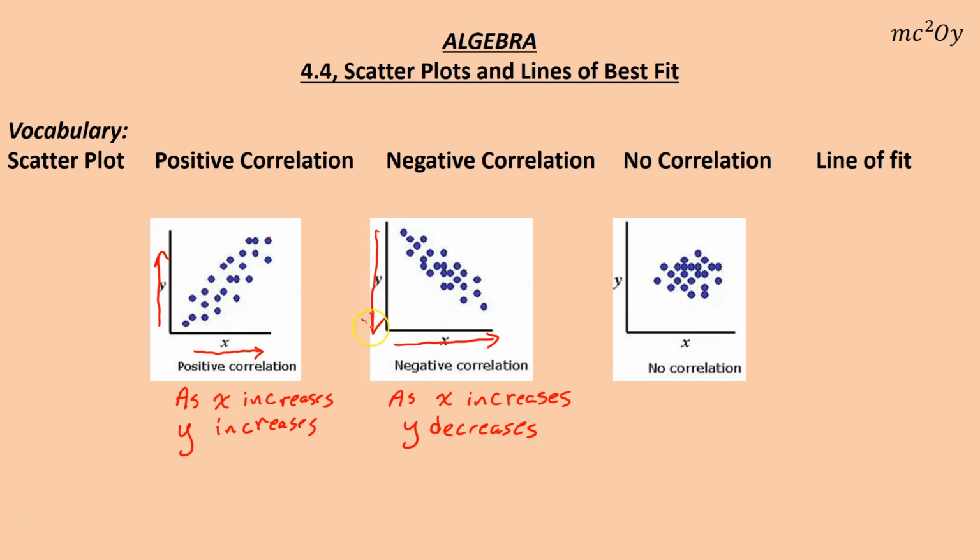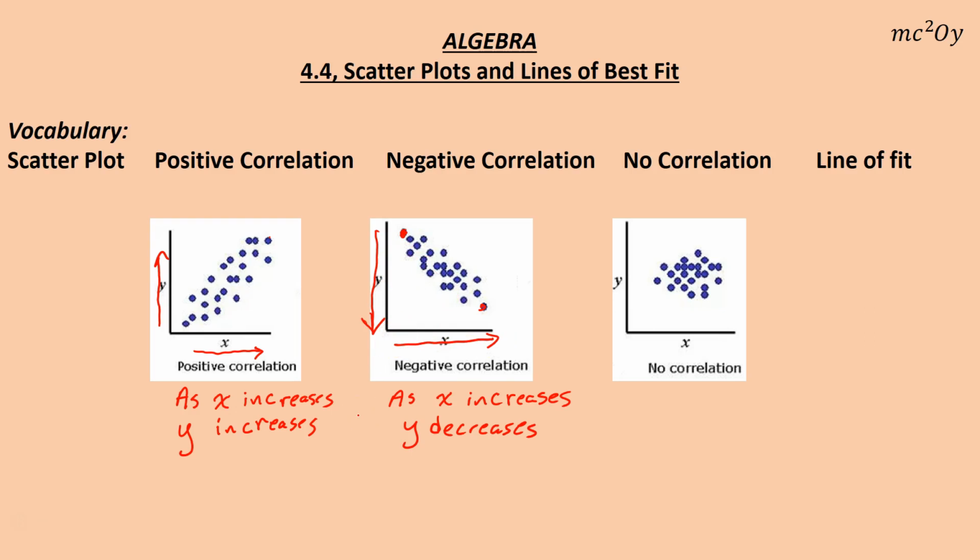So notice we start with a small x value but a large y value, and then when we get to a large x value, we have a small y value. So as x is increasing this way, y is decreasing this way.